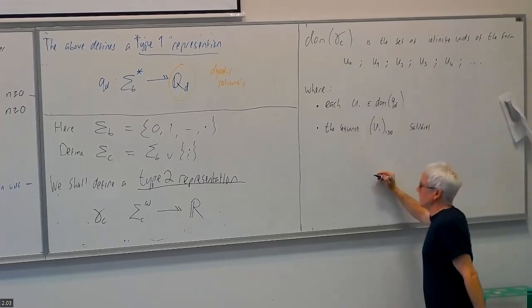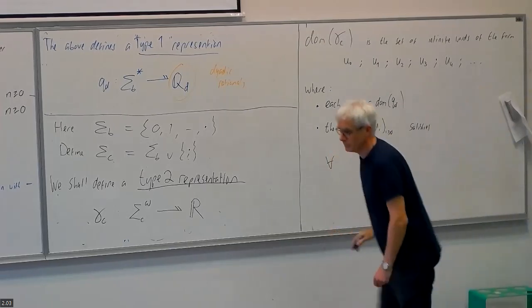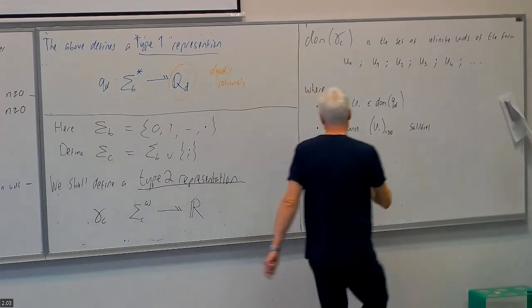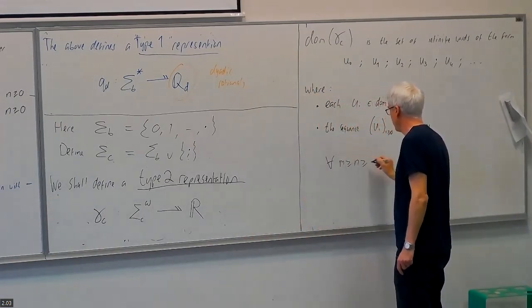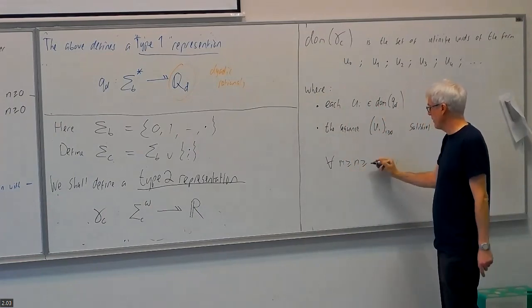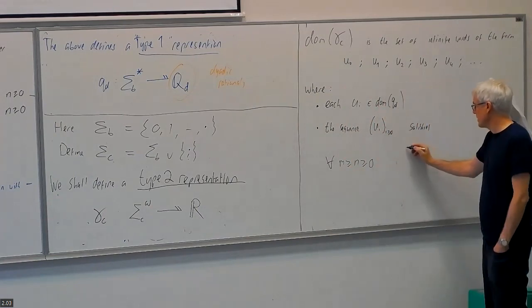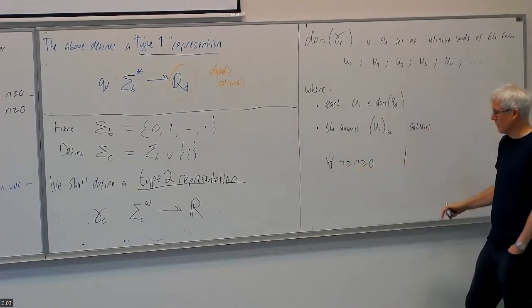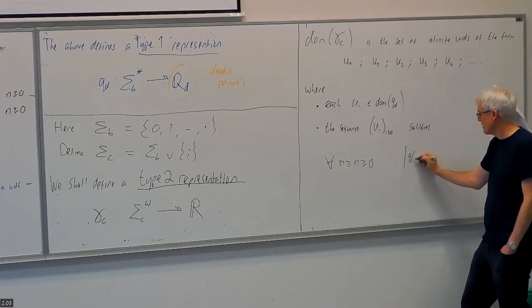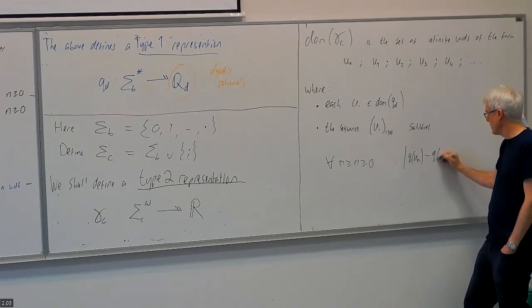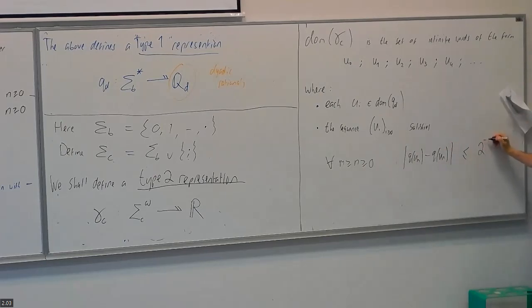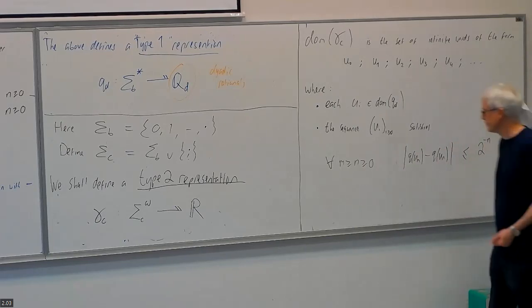We're going to ask for all m and n in the sequence, where n is greater than m, so n is further along the sequence than m, the distance between the dyadic number represented by U sub m and the dyadic rational number represented by U sub n, so the absolute value of the difference between them, to be less than or equal to 2 to the power of minus m, so 1 over 2 to the power of m.